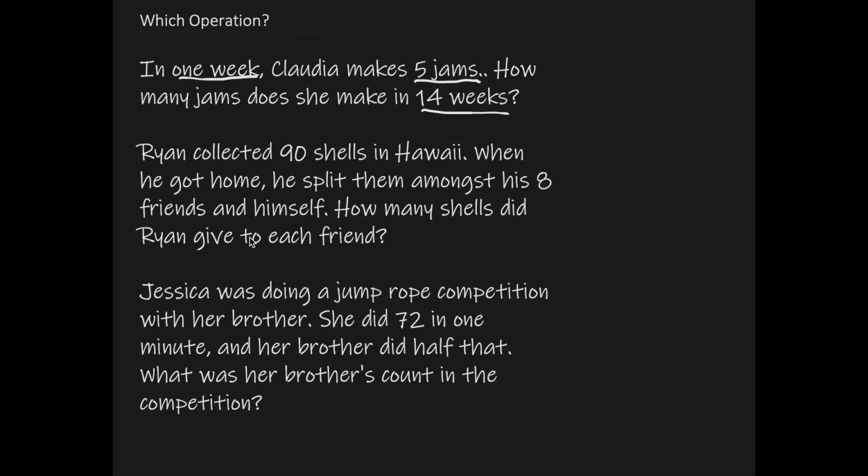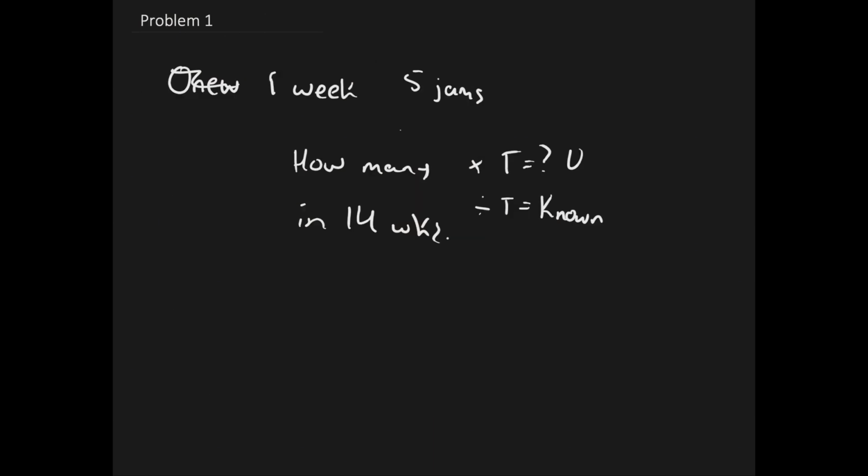Let's go back and read the entire problem. How many jams does she make in 14 weeks? This is the big question. Since we don't know the total in here, and we only know the two factors, 5 and 14, it's multiplication. Since I already said we have two factors, 5 and 14, we're going to do that.